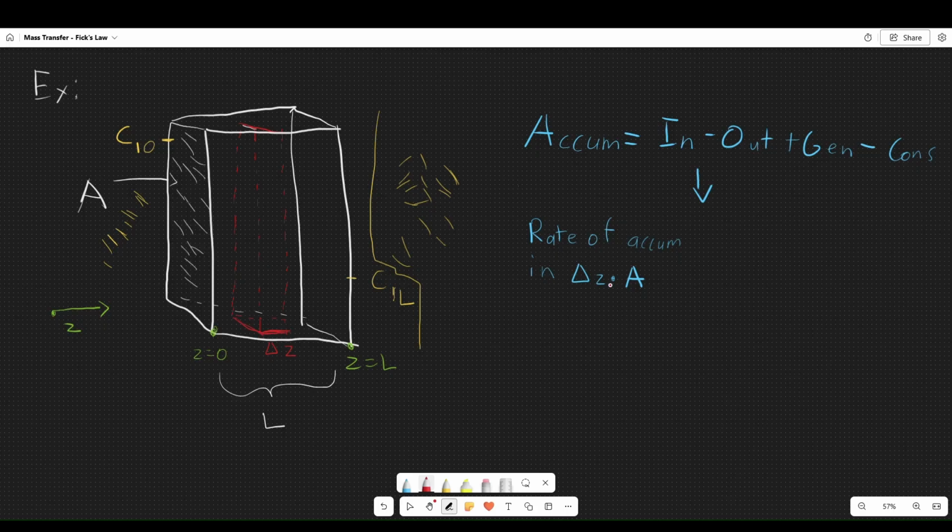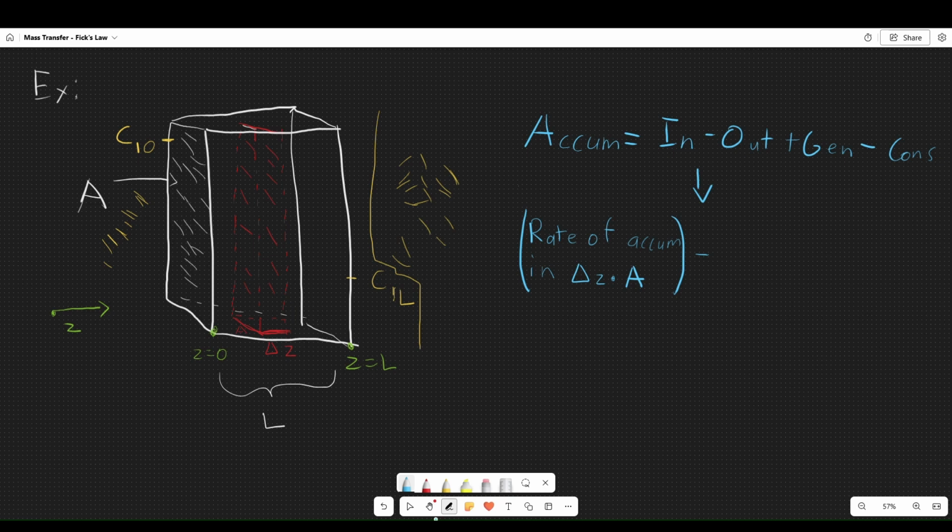So this is delta Z and this is A. And so that gives us this entire volume. So it tells us the rate of accumulation in delta Z times A.